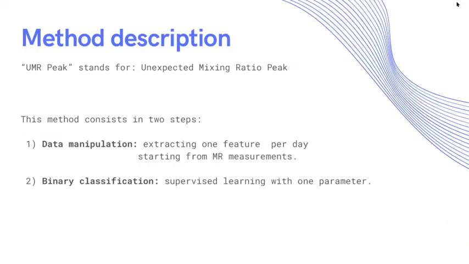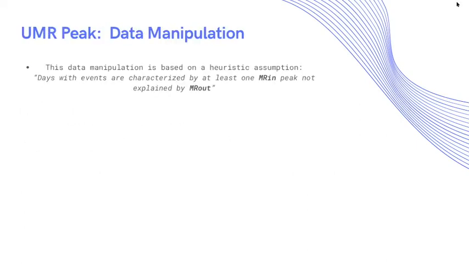UMR stands for Unexpected Mixing Ratio Peak, and it is composed of 2 main steps. Firstly, we manipulate the mixing ratio series to extract one feature for each day, and then we operate a binary classification with 1 parameter. The manipulation follows a heuristic assumption.